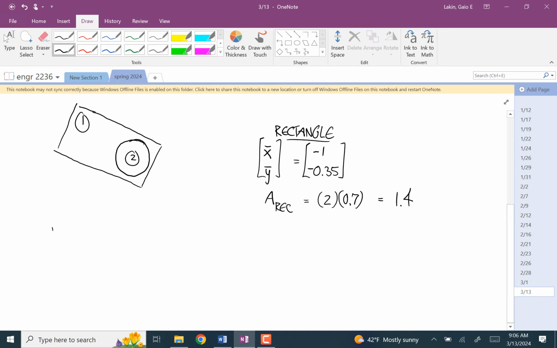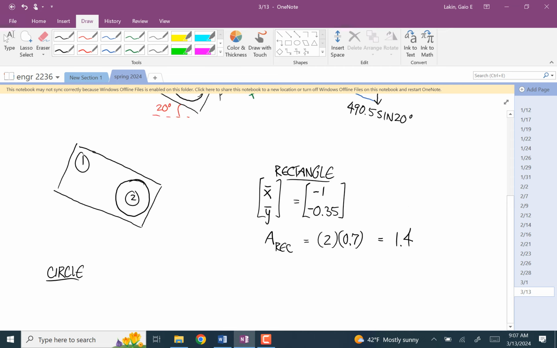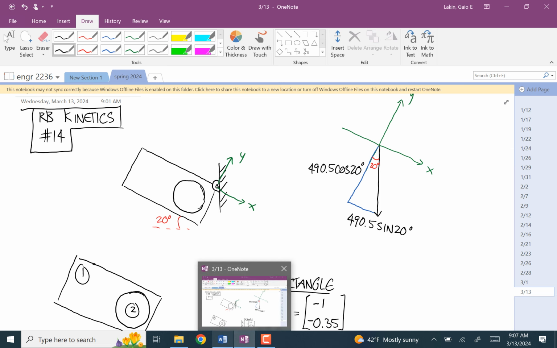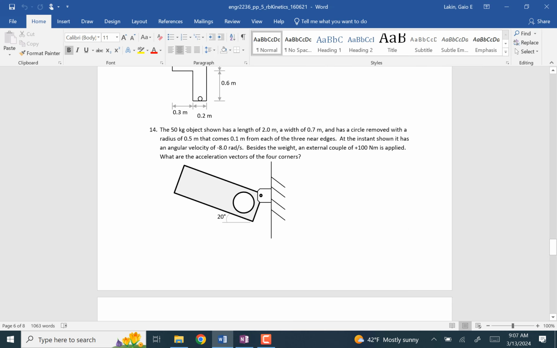And then for the circle that we're removing, the centroid is going to be, so this thing has a radius of 0.25, and it says that it comes 0.1 from each of the 3 edges.